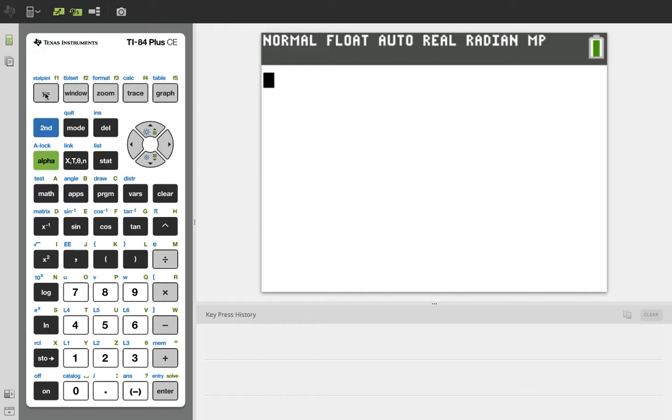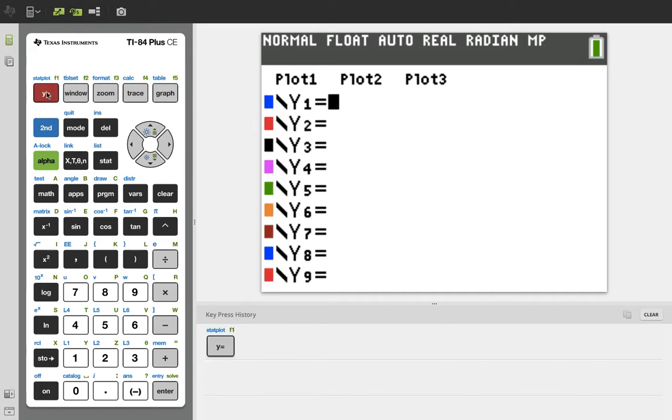So if I press y equals, I will be put in the y equals menu. But if I hit second and then y equals, I will be brought to the stat plot menu. And if I hit alpha and then y equals, I will be given F1, which is a key that we can use. So let's just go into the y equals menu.